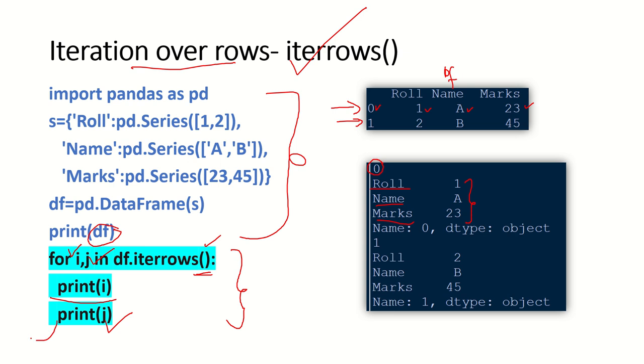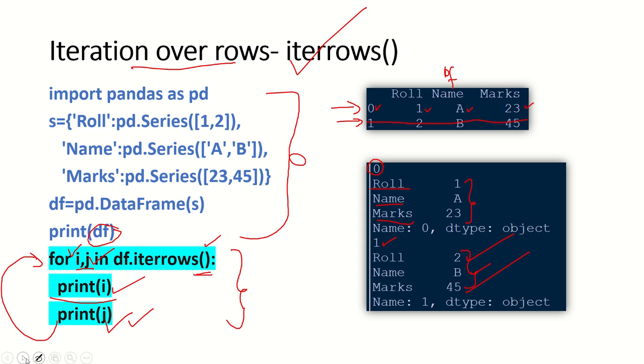In the next iteration, when the for loop iterates again, I am printing i and j inside the for loop. Now i becomes the second row and j becomes all the values in the second row. So roll 2, name B and marks 45 will be displayed as such. So this is how we iterate over the rows.